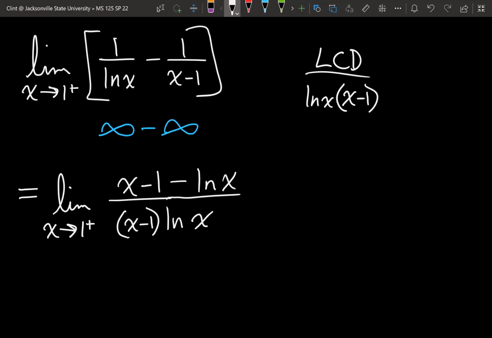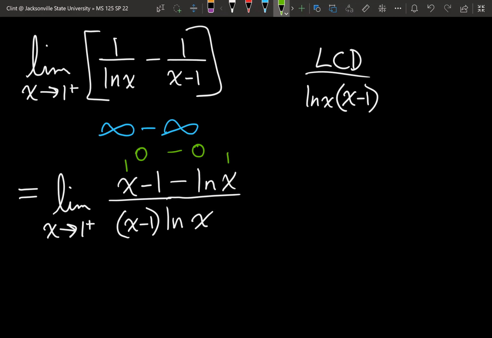Okay. We try to do direct substitution. Let's walk through it. It's a little more complicated here, but we plug in 1 there and 1 there. Then we get 1 minus 1, 0 minus 0.